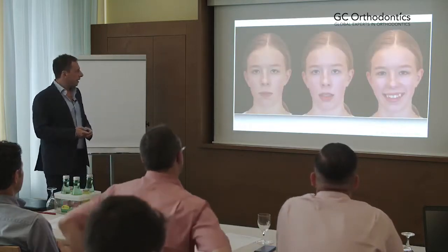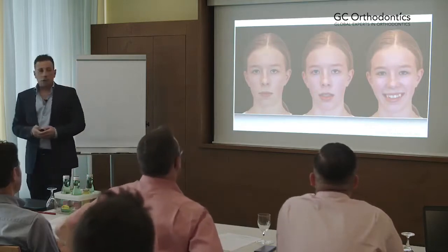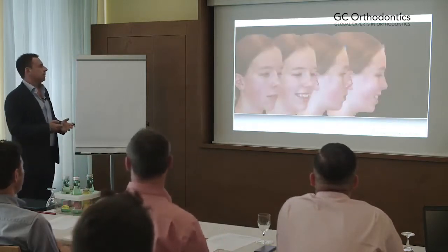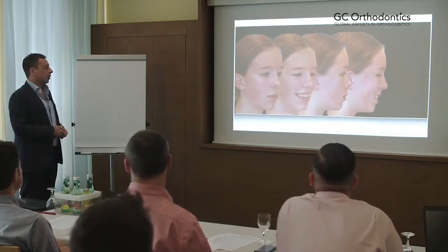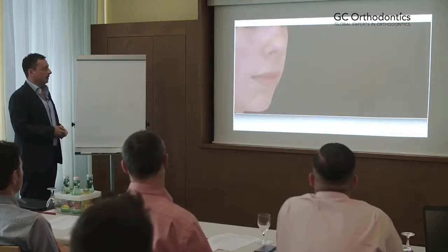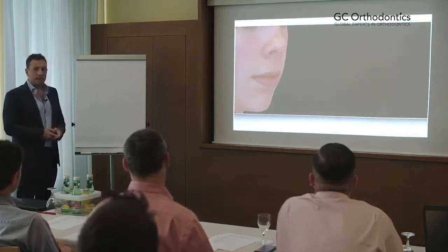When you look at Lena, she's a nice Danish girl, but she isn't perfect. When you look at her, especially three-quarter, you can start to notice she's got a very slight lip incompetence. You can see that more in detail. You can see that there is not really a good definition. There is a bit of strain of the mentalis muscle when she's got to close the lips together.